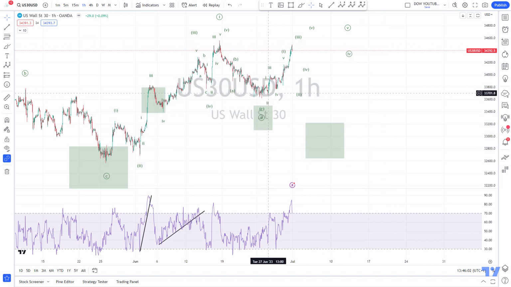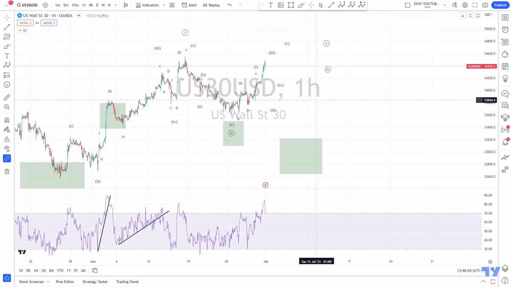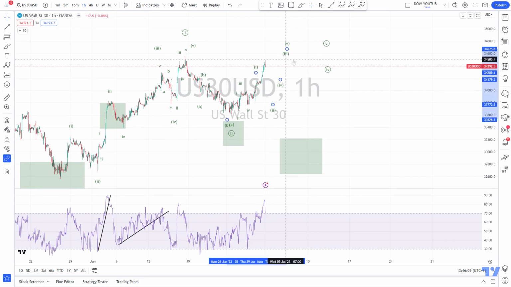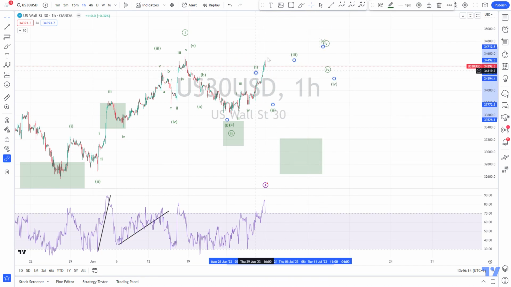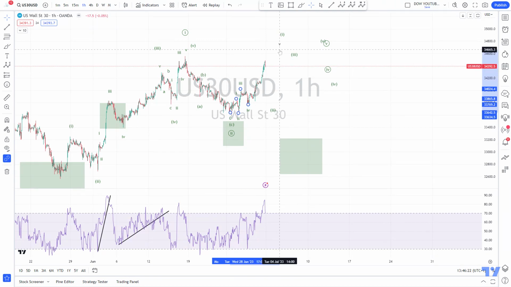So we went up from here, and then I would say that we are... For me, it looks something like this. I would say this is a wave 1.